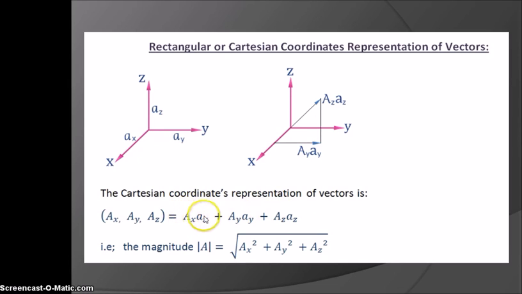This whole expression is the representation of vectors in rectangular Cartesian coordinate form, and the magnitude would be given by the square root of Ax squared plus Ay squared plus Az squared, following the Pythagorean theorem.